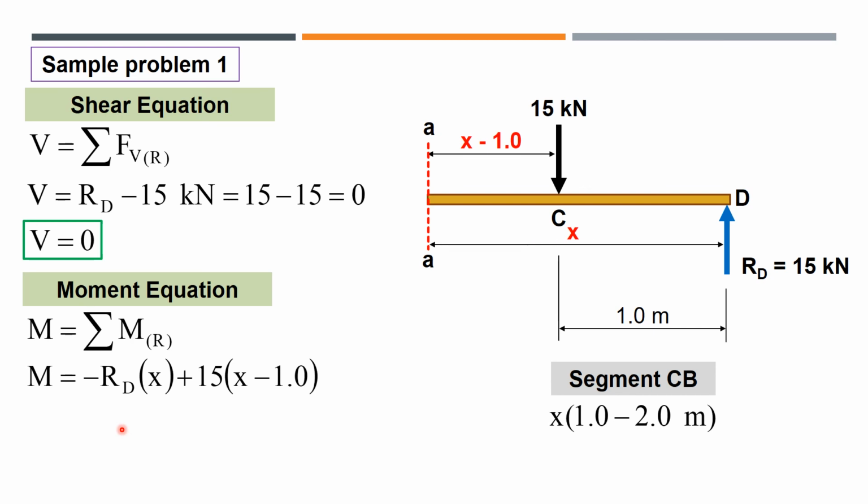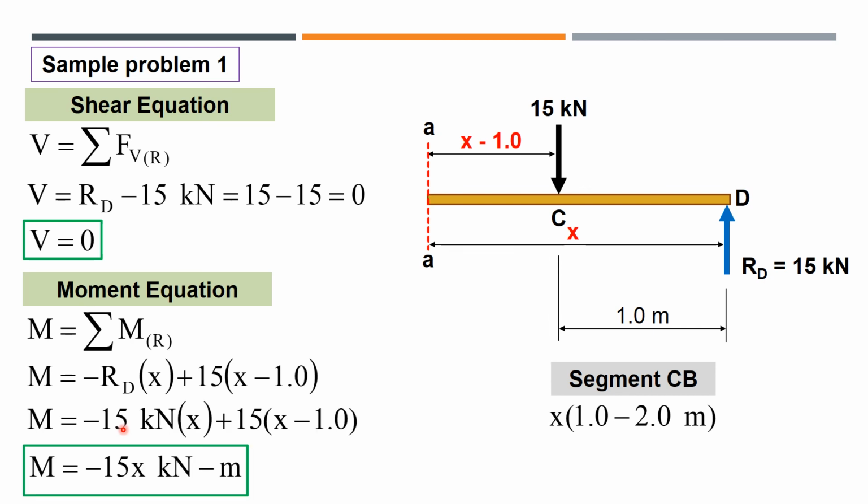So substituting the value of RD and simplifying the equation, we have M equals negative 15x. So if you compare this with the moment equation using the left side of the cutting plane kanina, we also have 15x but positive in sign.